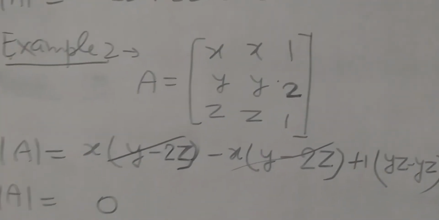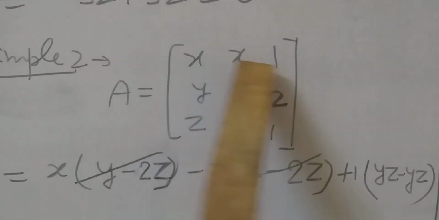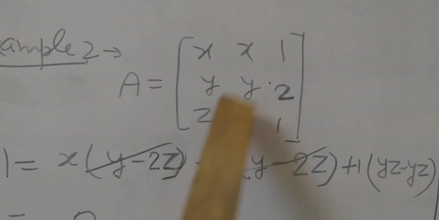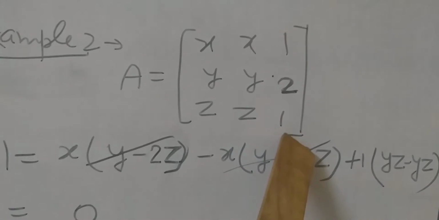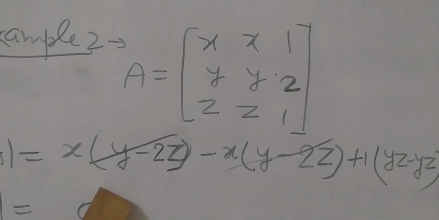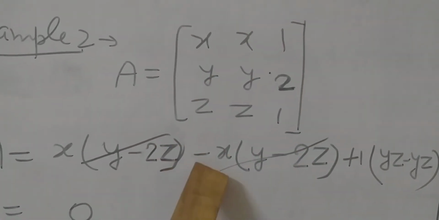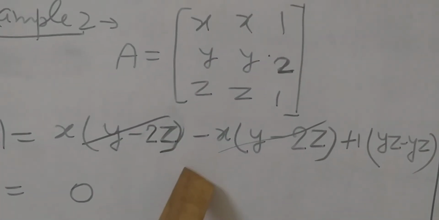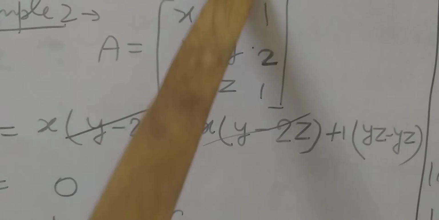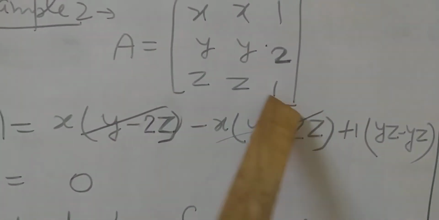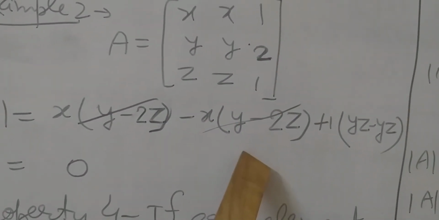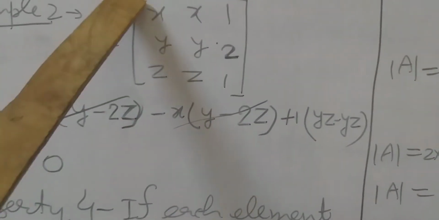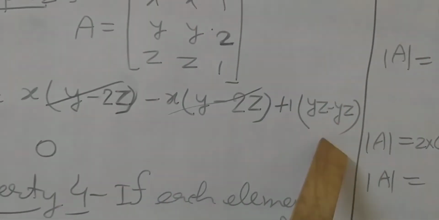Let us calculate its determinant, students. I am expanding it along R1. x, with column and row deleted, y minus 2z, then minus x, because it is at the place of a12, that's why the minus sign is here, minus x, row and column deleted, y minus 2z, plus 1, row and column deleted, yz minus yz.